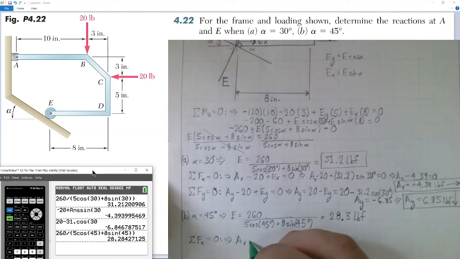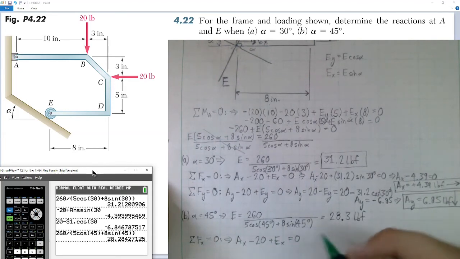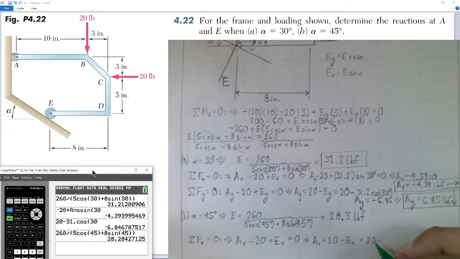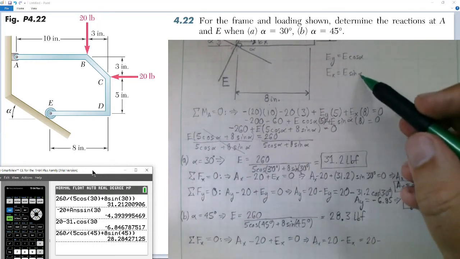Ax minus a 20-pound force plus Ex equals 0 to be in equilibrium. This means Ax, we move the other components to the other side. Ax equals 20 minus Ex, which equals 20 minus E sine of alpha.